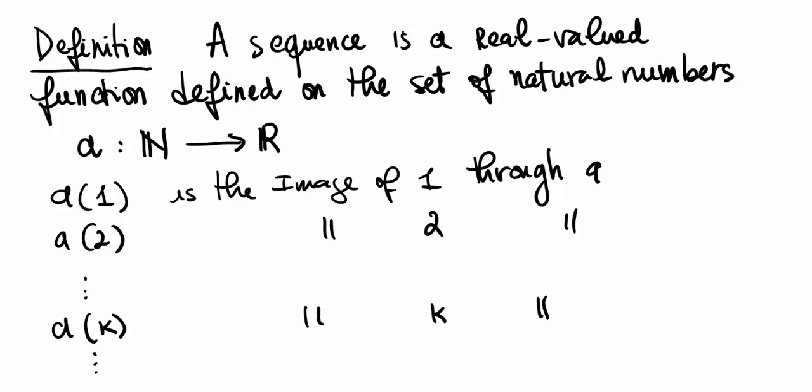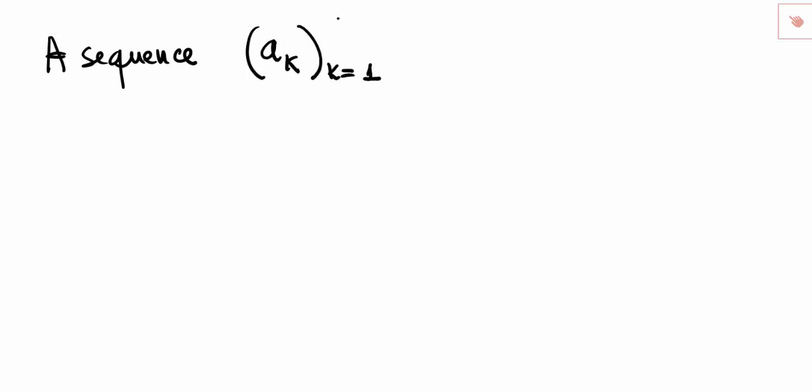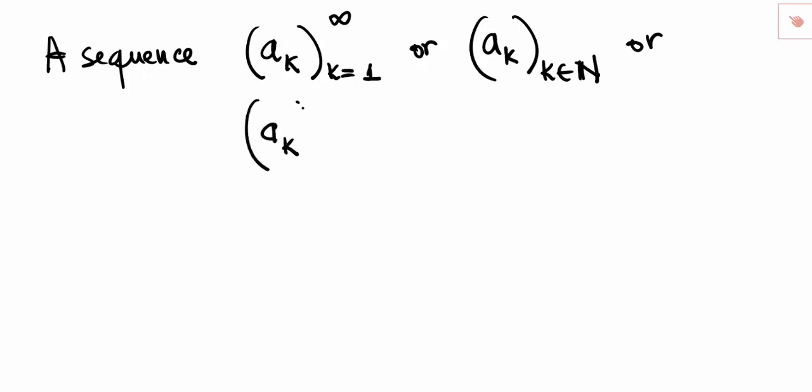Now we'll introduce a special notation for sequences. A sequence will be denoted as follows: a of k, where k is going from 1 all the way till infinity, or sometimes we'll write just a of k, k in the natural numbers, or sometimes, if it's clear what the context is, we simply write a of k, where the index k is assumed to be running through the set of all natural numbers.